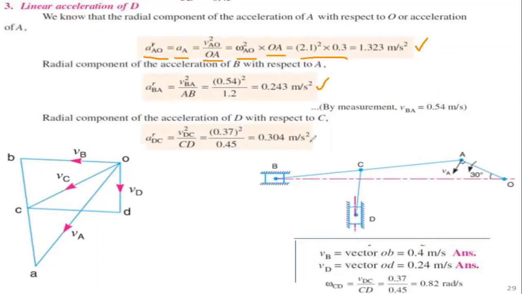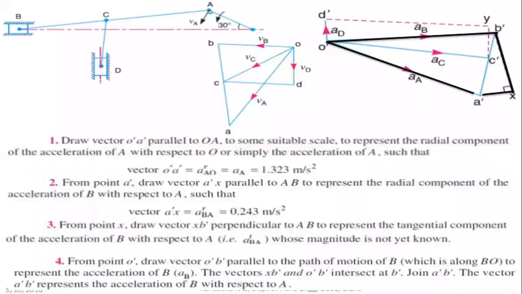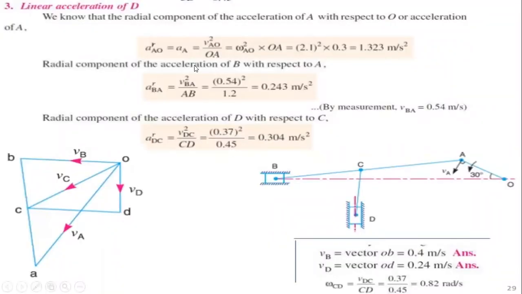That is 0.304 meters per second square. So these are the three different radial components of the acceleration.